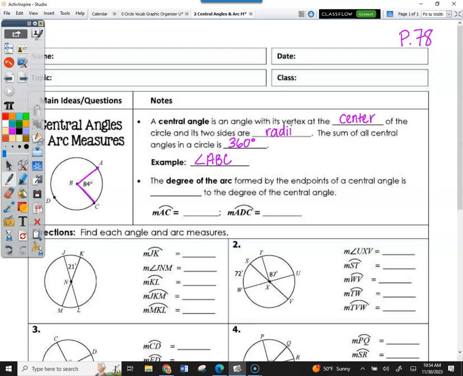Angle ABC measures 84 degrees. Here's the math behind central angles. If the angle is 84, think of a flashlight, then the arc it's opening up to also measures 84. They're equal. The degree of the arc formed by the endpoints of the central angle is equal to the degree of the angle.